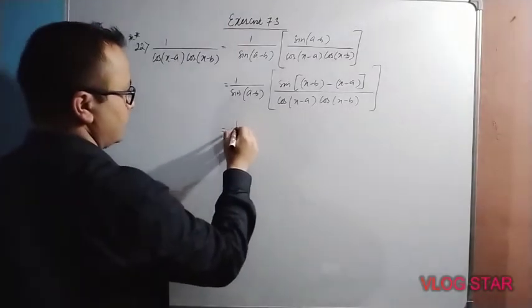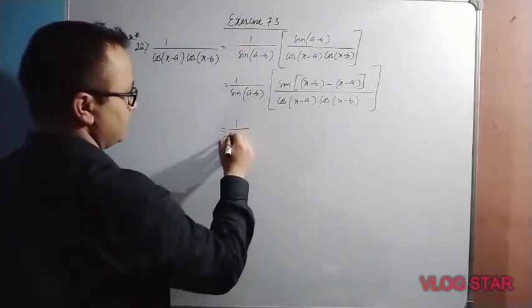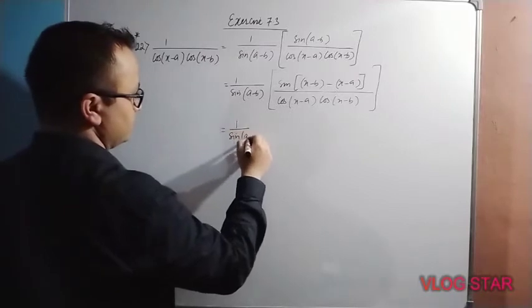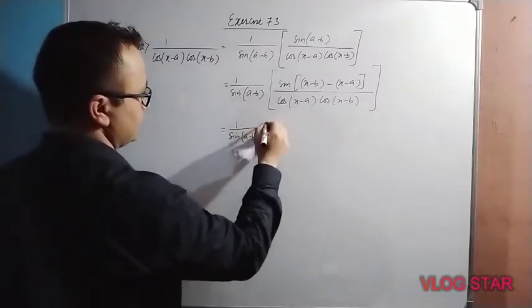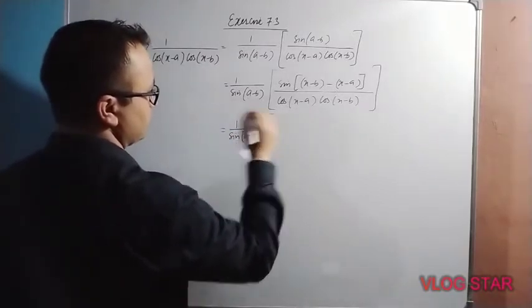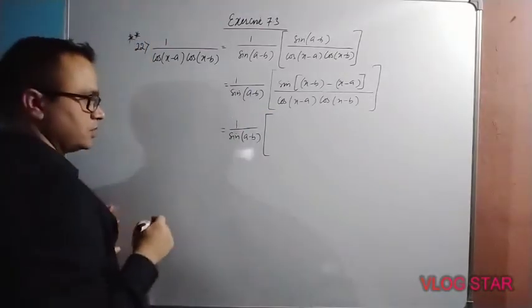Now put the formula of sine a minus b. What is the formula of sine a minus b? Sine a cos b minus cos a sine b.